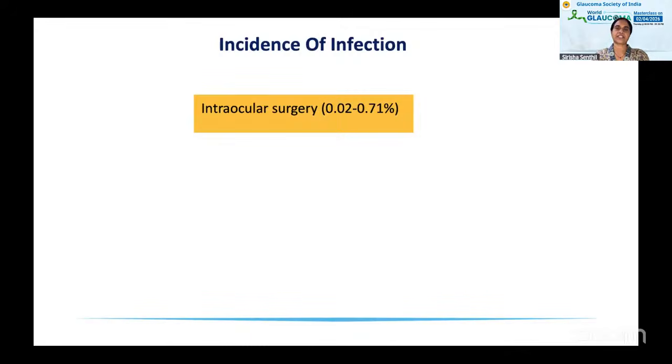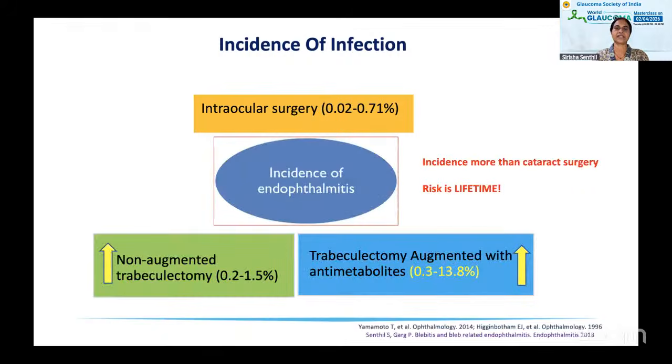Let's look at the infections that occur intraocularly. The commonest surgery that we do intraocularly is a cataract surgery, and typically every other endophthalmitis is possibly tried to compare with the post-cataract surgery endophthalmitis.